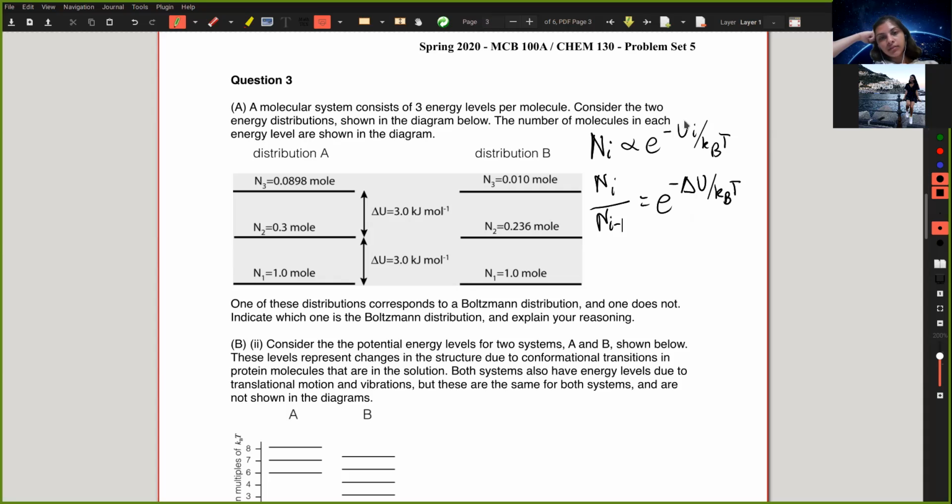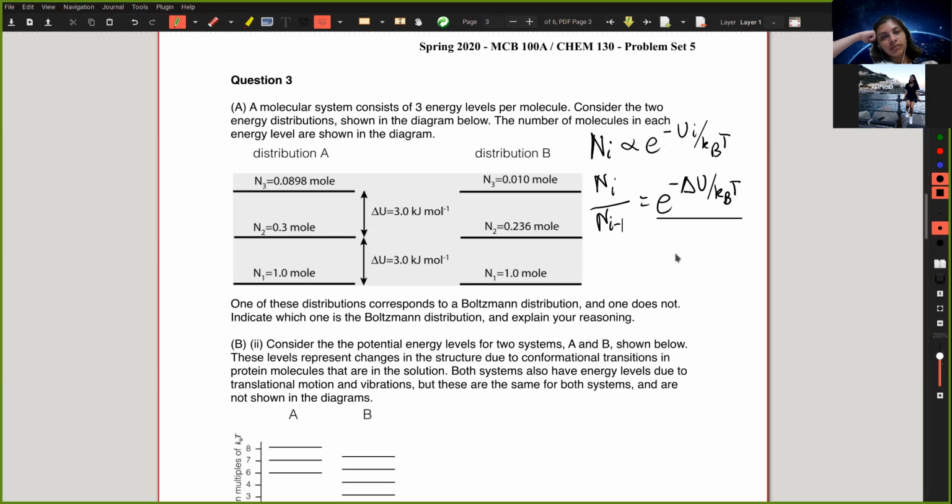You can find that by dividing this expression for energy level i by the same expression for energy level i minus 1. The important thing to notice is that if this distance is constant for every change in energy level across the distribution, as is the case here, then this value is a constant.